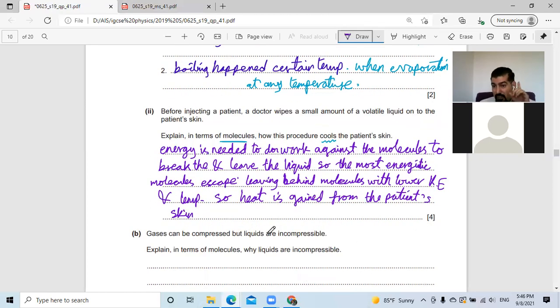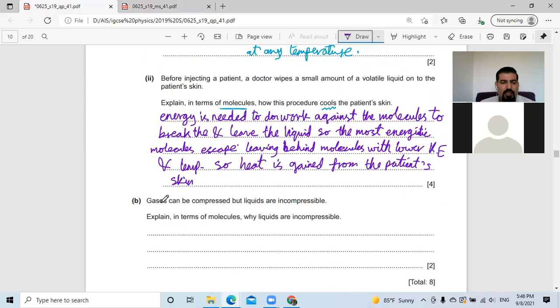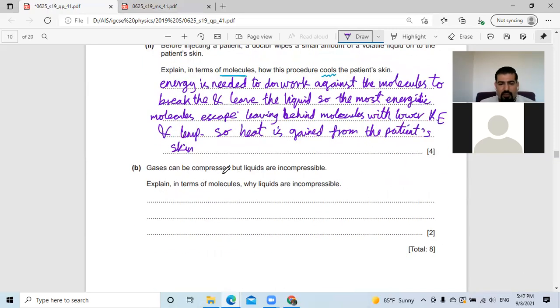26, remember. Now, gases can be compressed, but liquid is incompressible. Not all liquids, but they give us this information. Explain in terms of molecules why liquids are incompressible. The separation distance between the liquid molecules is close, whereas gas molecules are far from each other.